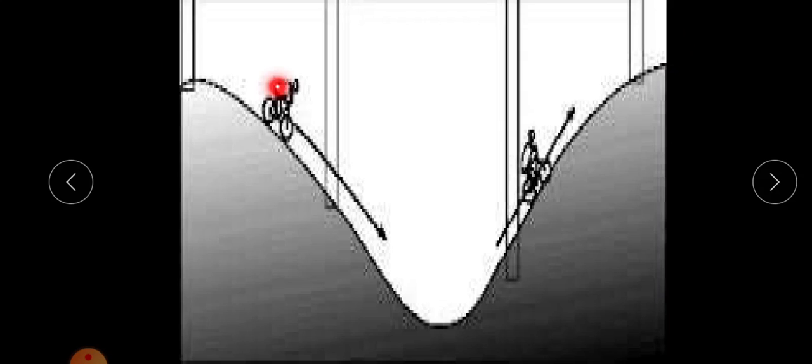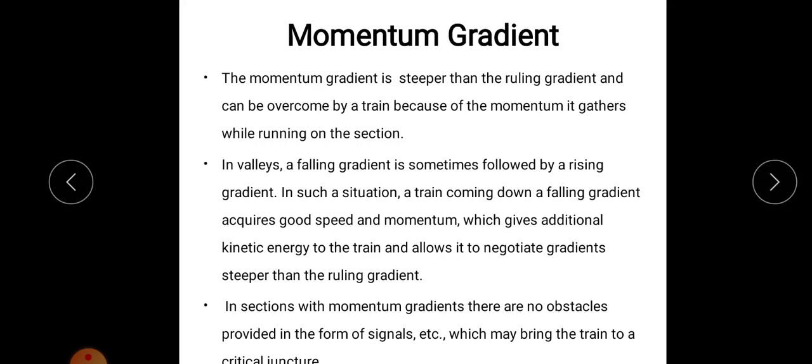That is, the momentum which is acquired through this travel is used for moving on this gradient. That is known as momentum gradient.